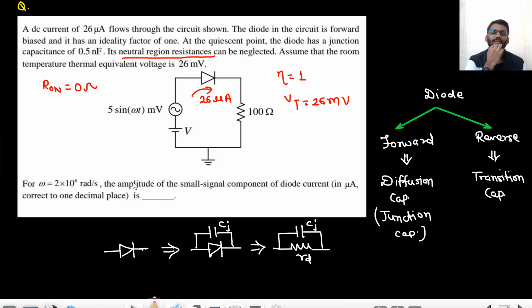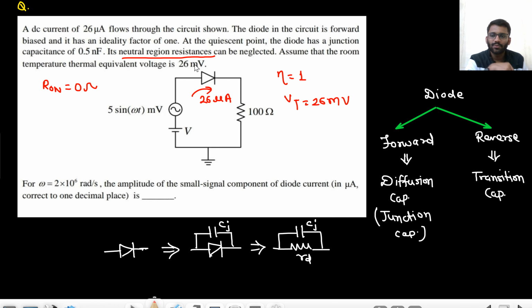I think what they mean in a PN junction is the depletion region resistance, but if we don't know, let's forget it. As far as I know, they are talking about R on only. So R on is 0, it can be neglected, and we won't think about it.